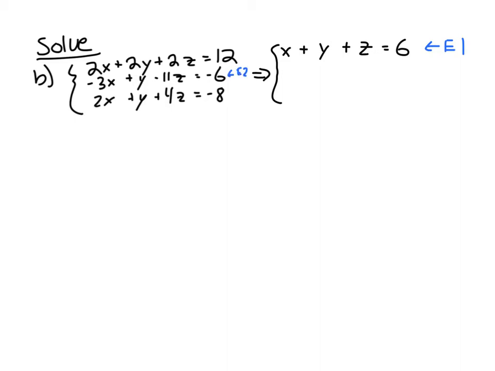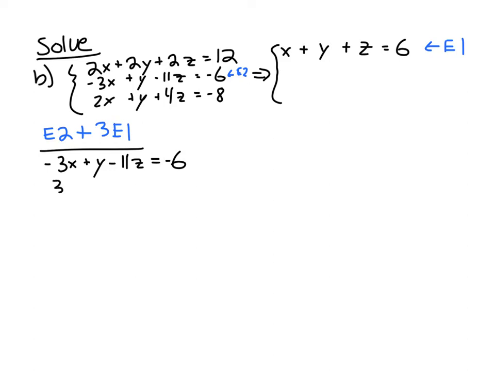Okay, so I'm going to take equation 2, and then I'm going to add on 3 times the equation 1, right? Because this is -3 here. If I do 3 times this, I'll have a positive 3 here, and then the x's will cancel. So let's do that. Okay, so I'll have 3x plus y minus 11z equals -6.